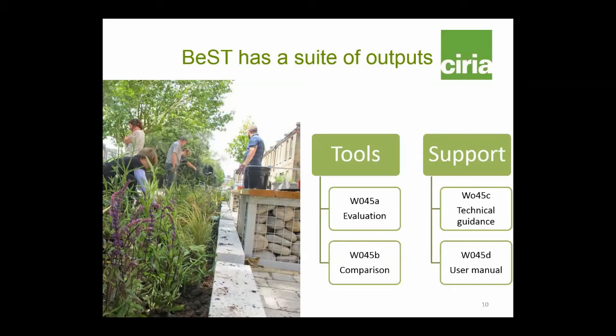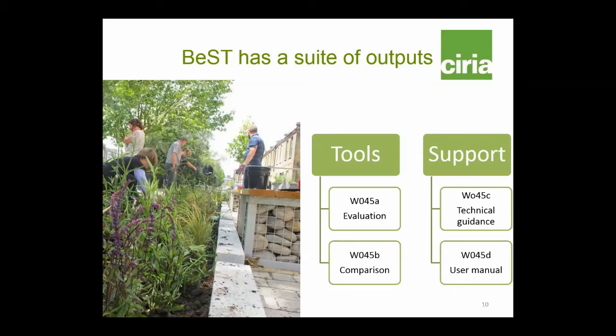And then finally we have the user manual, which is a very simple user manual to introduce you to how to use the tool and take you through step by step some of the key worksheets that you can fill in and move through the tool.